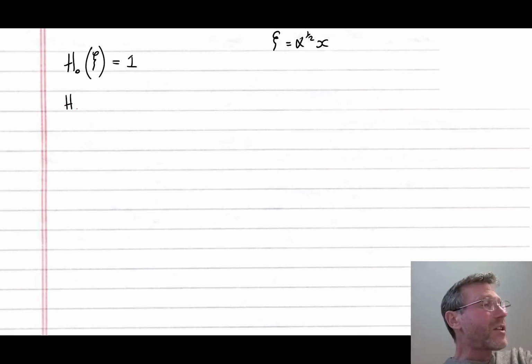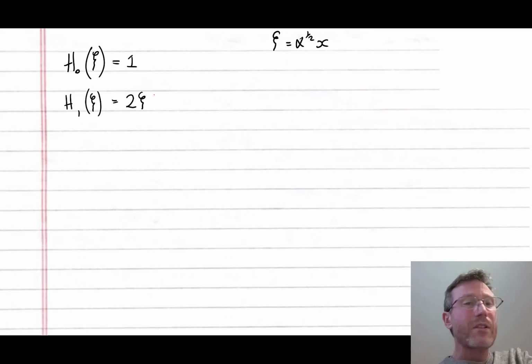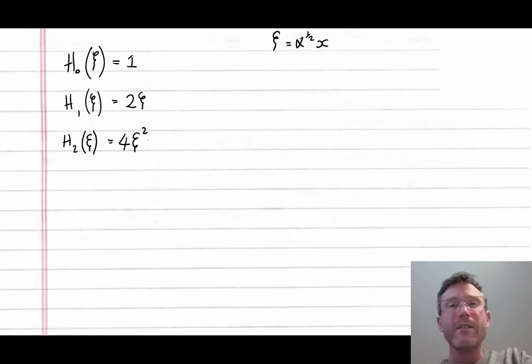We're going to have H sub 1 in here, and that is equal to 2 times squiggle. H sub 2 is equal to 4. I think this is actually called xi in Greek, so maybe we'll call it xi for now. It sounds a little bit more formal.